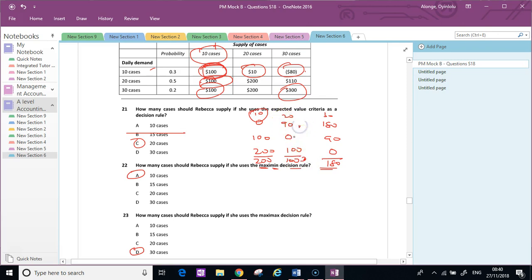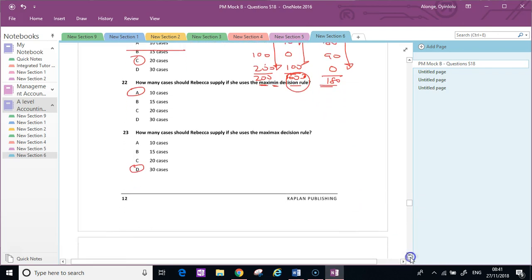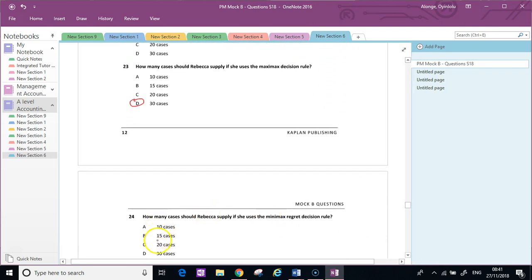You literally look down the table to review the regrets at each of those supplies for the demands, and you pick that. Because this is your lowest regret, you're going to go with 20 cases, because that gives you the lowest regret overall. So the answer there, 20 cases, is C.